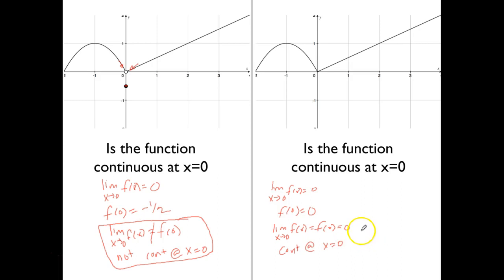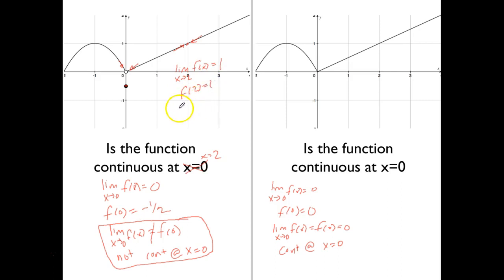Okay guys, just real quick, they could also ask you about other points. Like let's say they asked about this point right here at 2. So is the function continuous not at x equals 0 but at x equals 2? Well, it does have a limit from the left and the right. So the limit as x approaches 2 of our function equals 1. It does have a point at 2. It's equal to 1.